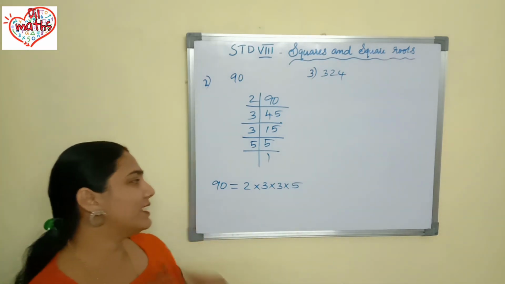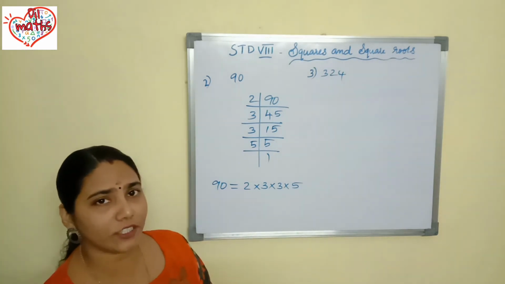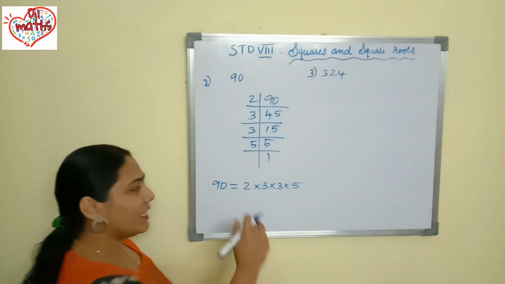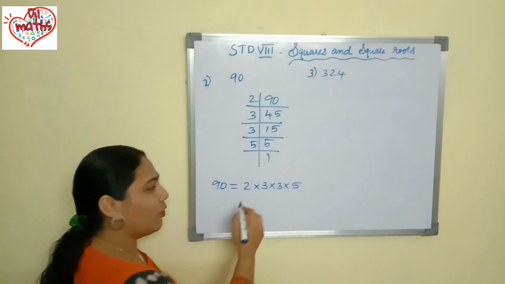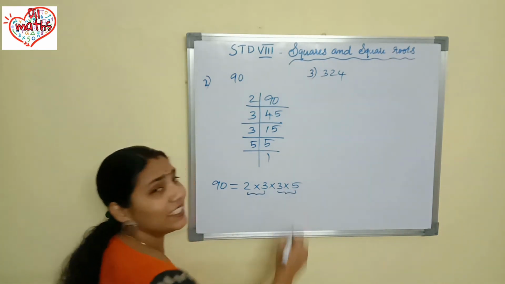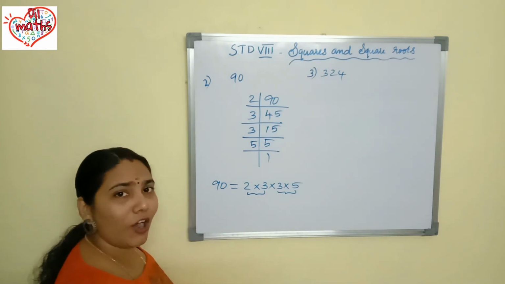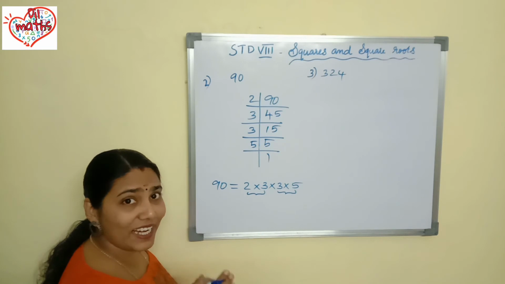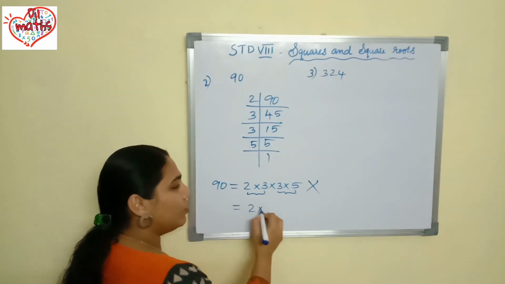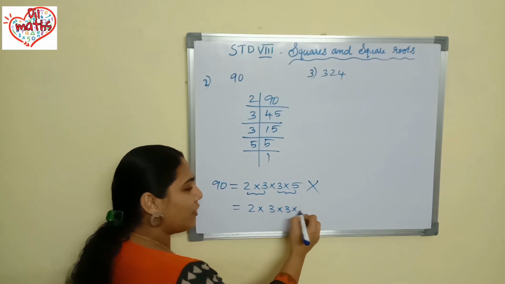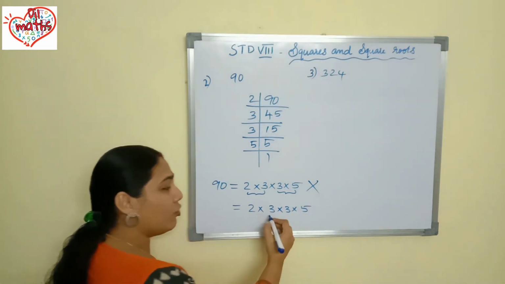Listen here. Is this number a perfect square? No. Why? We can pair these prime factors, but how can we pair? We can pair like this, but these are not equal primes. 2 and 3 are not equal. So this is the wrong method. What you should do: 2 into 3 into 3 into 5. Here you should make pairs of equal primes.